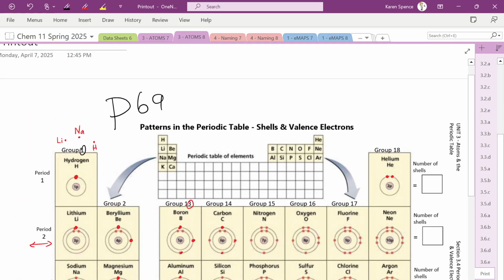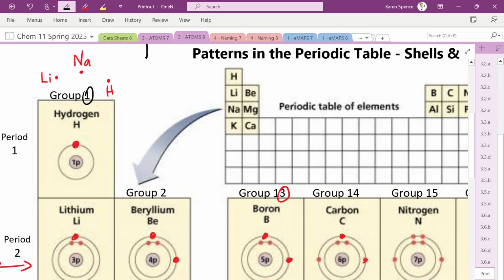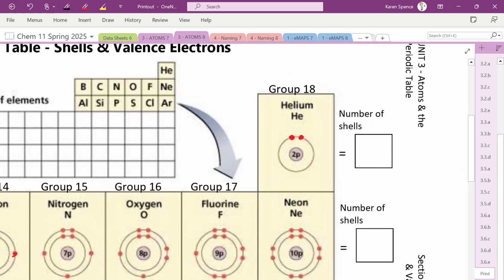So if you look at hydrogen, one electron goes into the first shell, yes? And then when we go across the row to helium, helium has 2 electrons in its first shell, and then the first shell is full, okay? So that means when we start period 2, we need to start shell number 2. We start putting electrons into shell 2.